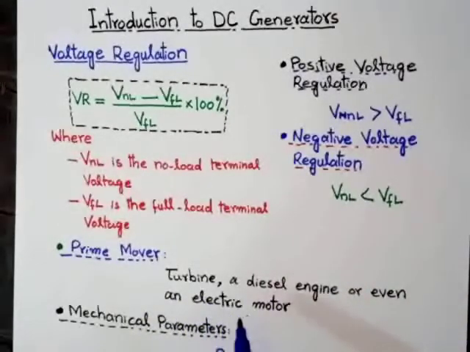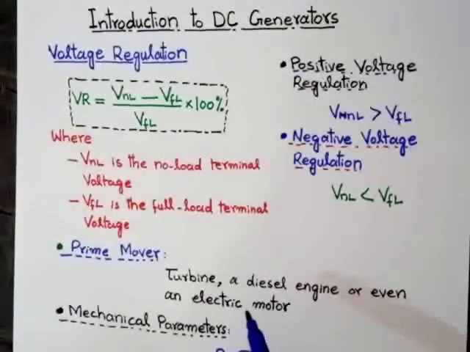We can give the mechanical power to the DC generator by using an electric motor, because the output of the electric motor is the mechanical power. By using an electric motor, we can rotate the rotor of the DC generator.